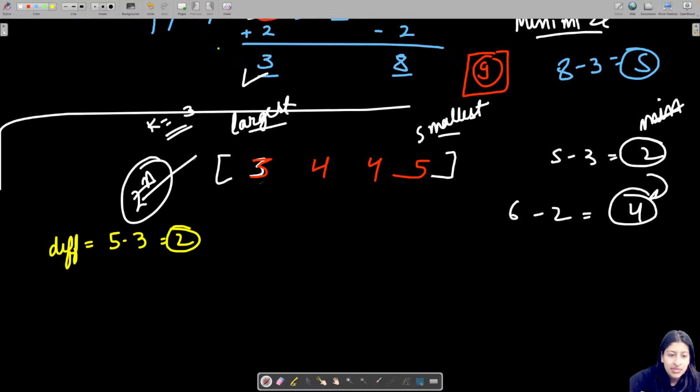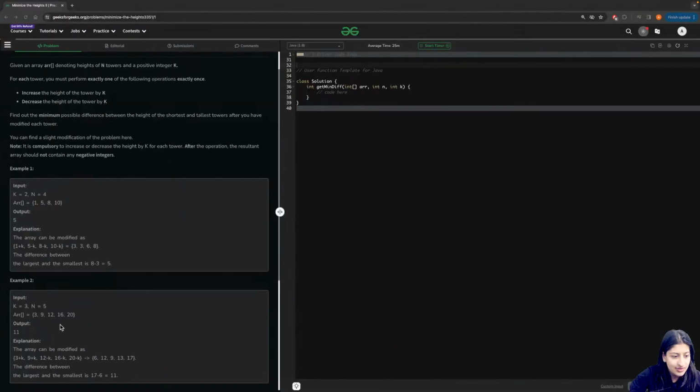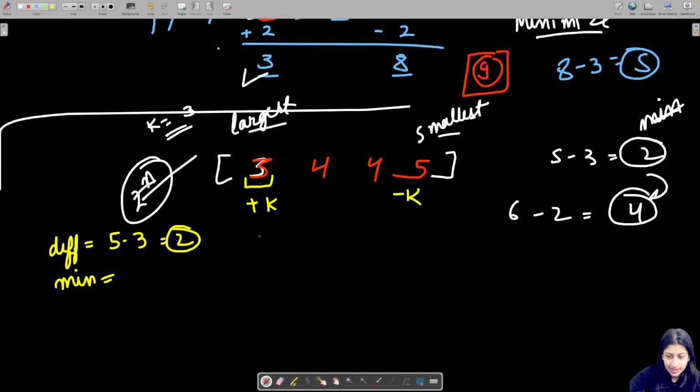This is the difference I'm going to get right now. But let's take some minimum and maximum values. My minimum right now, let me take it as this value, ARR of 0 plus k. I'm just increasing it by k units and reducing it by k units. Let me perform this on the other test case which is given in your question. With 3, 9, 12, 16, 20, let me take this test case and perform the operation so that you can see it clearly.